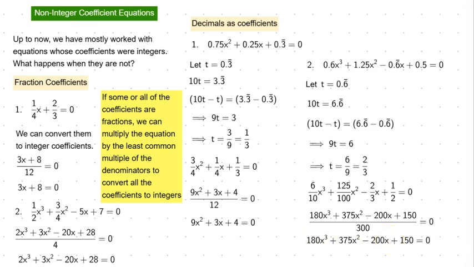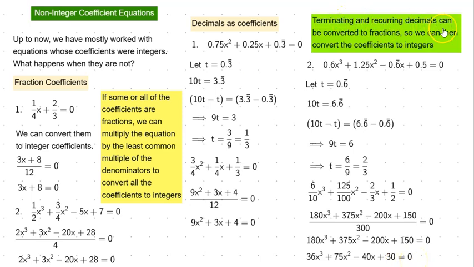But this can again be simplified further by dividing throughout by 5. 36x cube plus 75x square minus 40x plus 30 equal to 0. Now, terminating and recurring decimals can be converted to fractions, so we can then convert the coefficients to integers.